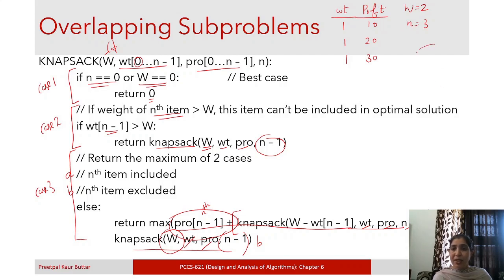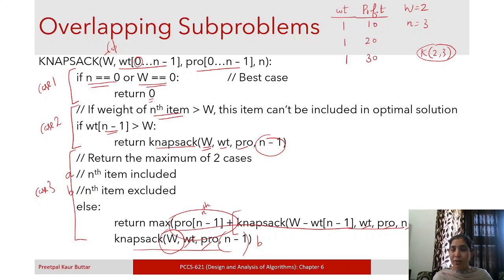Initially, let me write this recursive call: knapsack weight is 2 and the number of items are 3. I'm not writing the weight array and profit array because they are redundant, they are implied. So initially this is the call.